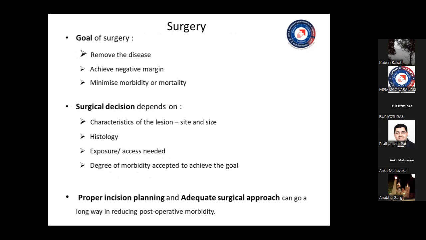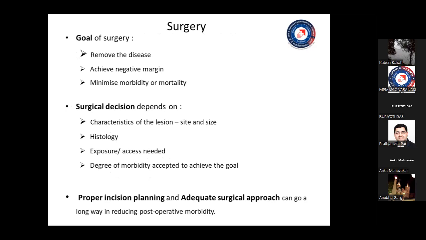The main treatment is always surgery if possible. The goal of surgery is to remove the disease, to achieve a negative margin, and to minimize the morbidity as well as mortality. So the surgical decision depends on the characteristics of the lesion, that is the site and size of the tumor, and the histology.